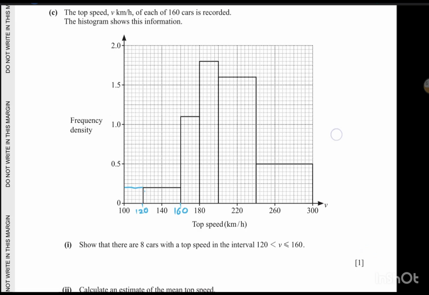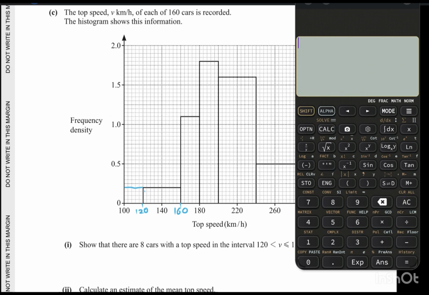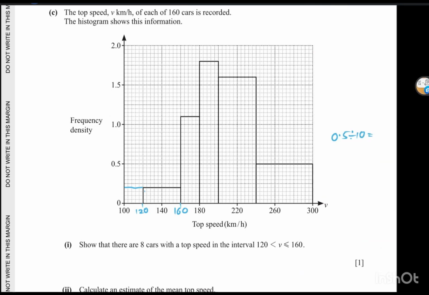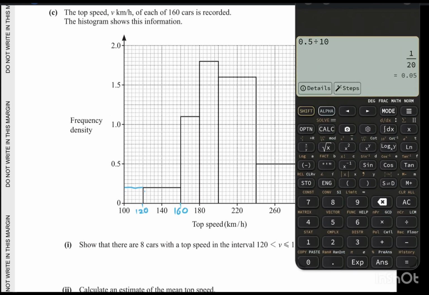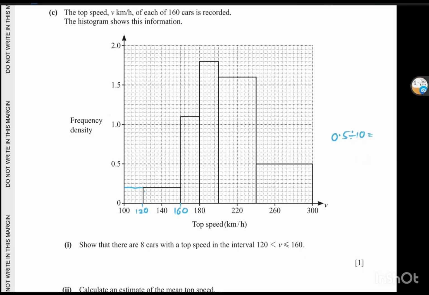So 0.5 divided by 10, each division will be 0.05. So there are 1, 2, 3, 4 boxes. So 0.05 into 4 will be 0.2. So this is 0.2.